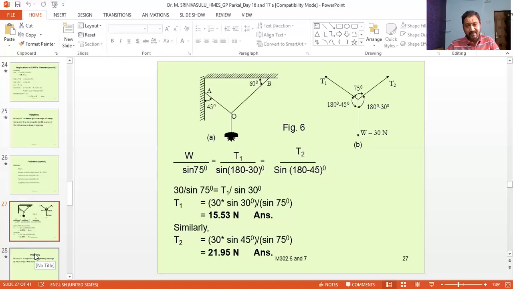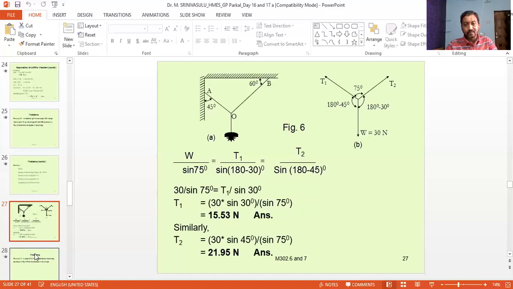But this line makes an angle of 45 degrees with the vertical. So the angle between OA and W will become 180 minus 45 degrees.